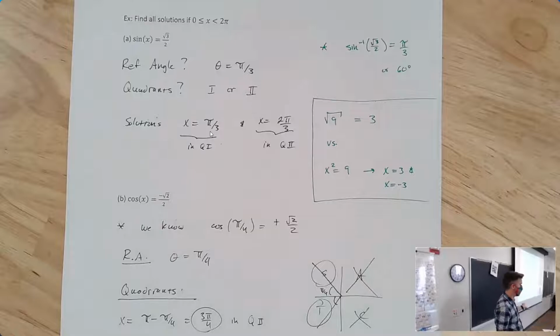X could be 3 pi over 4, or 5 pi over 4, or 11 pi over 4, or 13 pi over 4, right? You can just keep adding on a whole period's worth to get more and more answers. We're not going to do that.